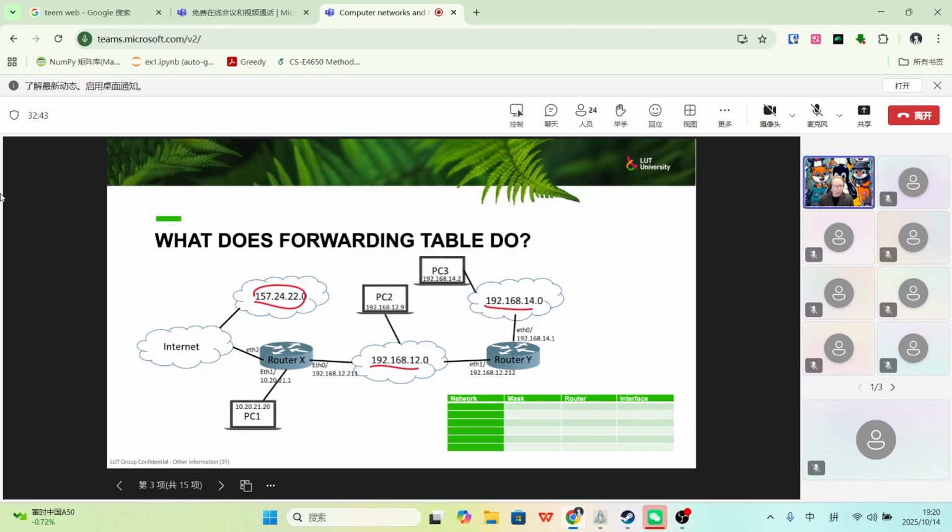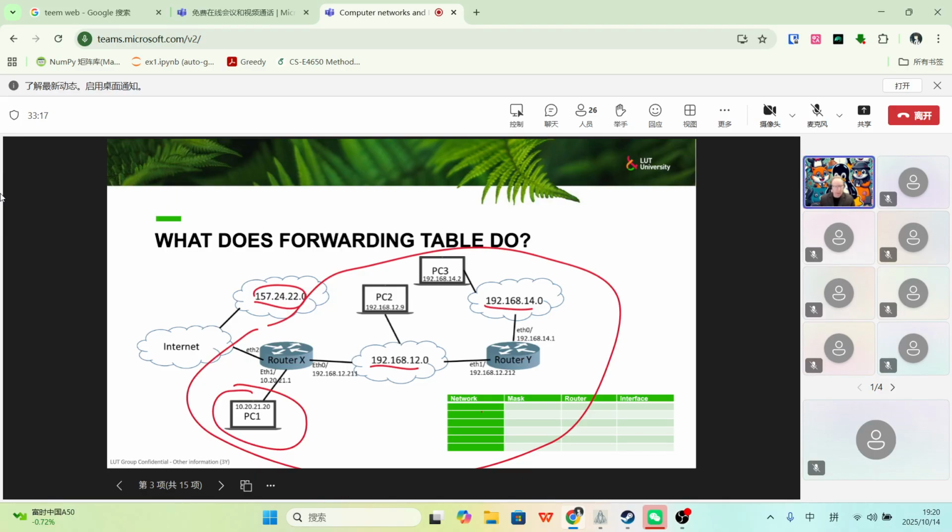Then we have this computer here, which has one of the private addresses. And then there's the internet, and 157.24.22 is in the internet. So we don't have to insert that, but we have to have a rule for where to send the IP packet if we don't know its network directly.